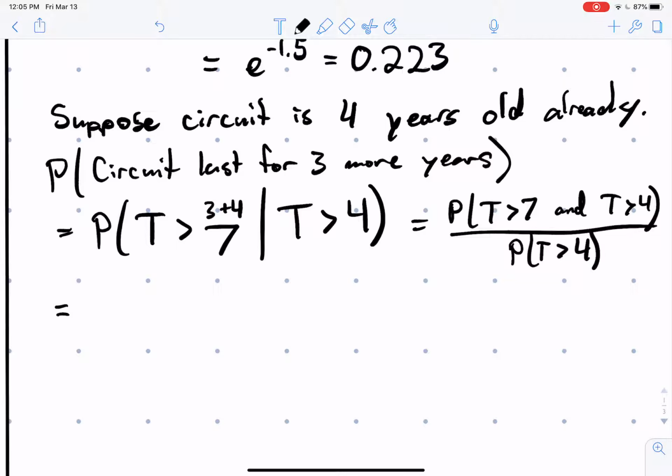If T is greater than 7, then we know it's greater than 4, so this is the same as the probability that T is greater than 7 over the probability that T is greater than 4.